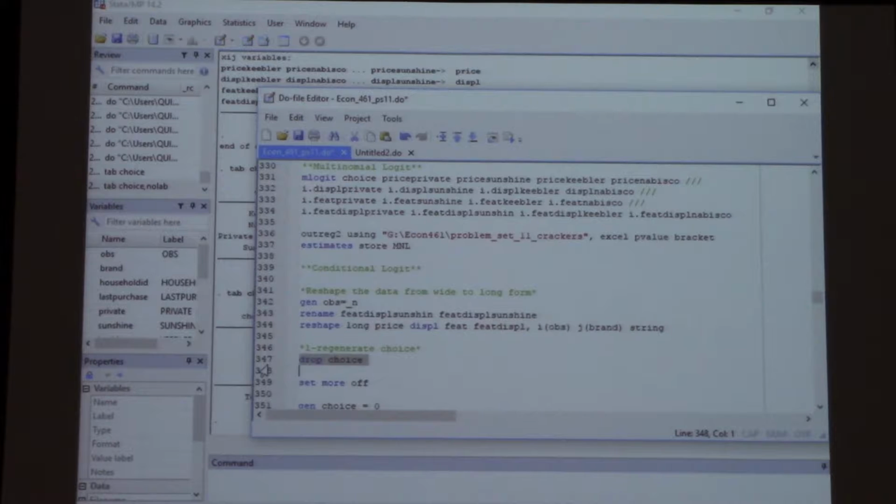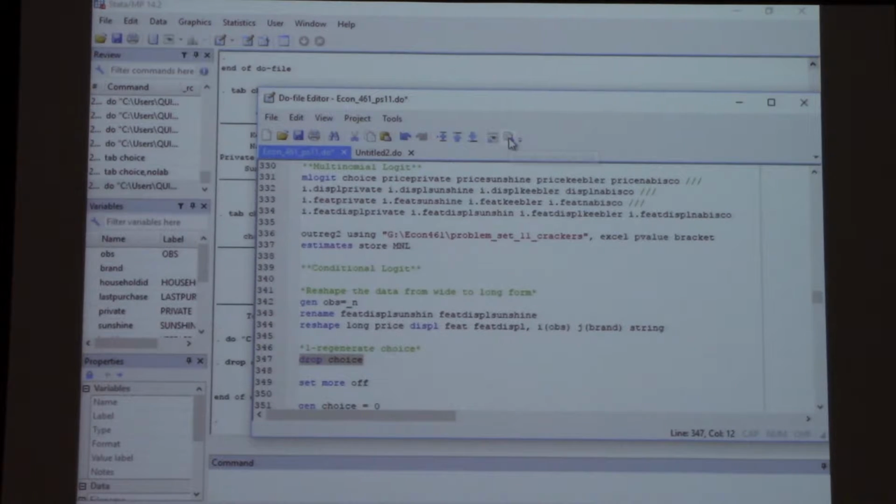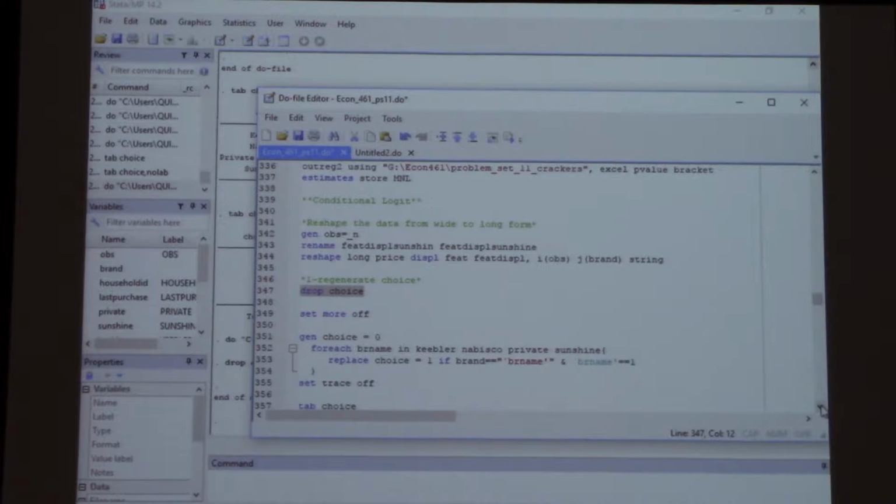So to do that, we need to drop choice. And here comes the hard part. We need to run this little program, and basically we're going to regenerate choice.